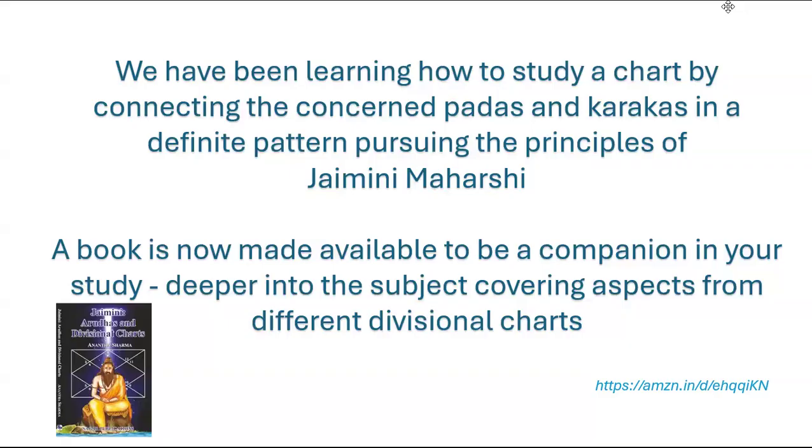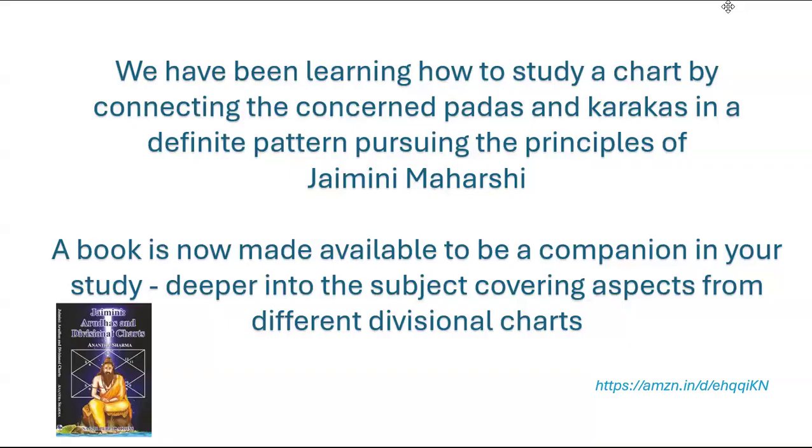So here I applied the same formula in the D9 chart of this doctor with reference to the Darapada A7, Lord of A7 and DK, and showed that the spouse of the native is a doctor. How?